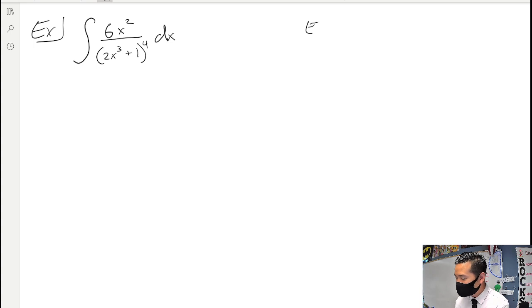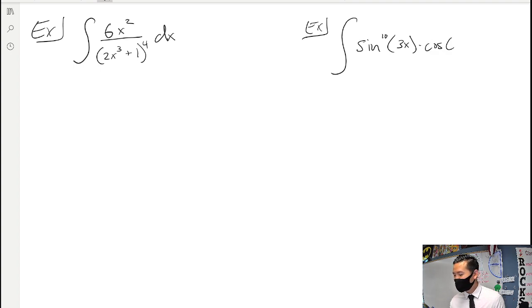Let's take a look at a more difficult one. The hard one has your favorite type of functions, trig. We've got sine to the 10th power of 3x times cosine of 3x dx.